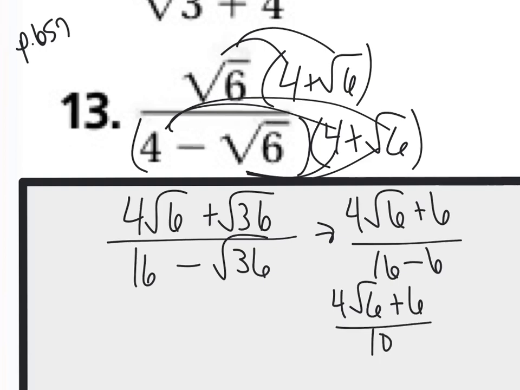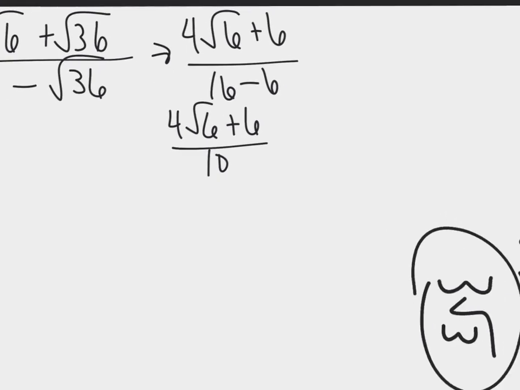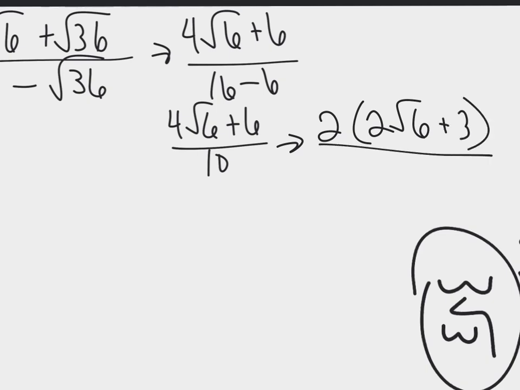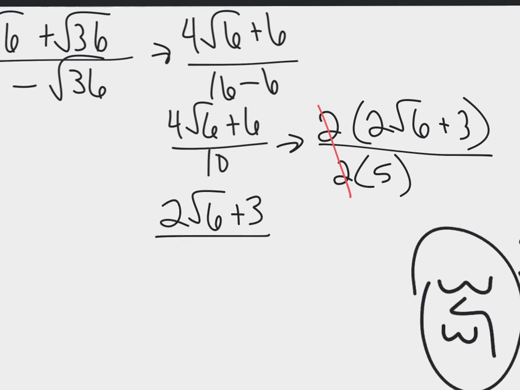And then if you notice on this one, when we get to this point, in the numerator, we can factor out a 2, which I wouldn't do except for the fact that the 10 in the denominator also has a factor of 2. Since it's being multiplied, we're allowed to cancel those out. So this would be our final answer.